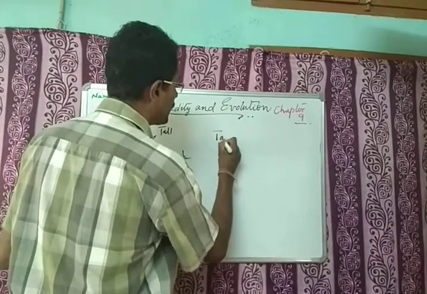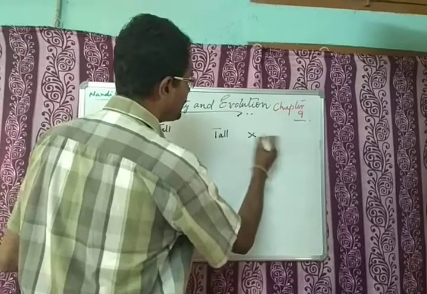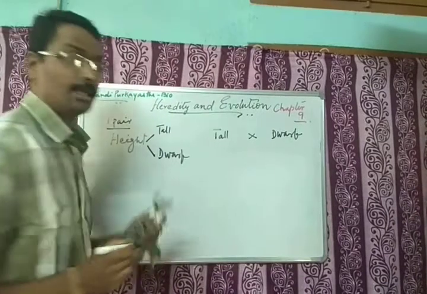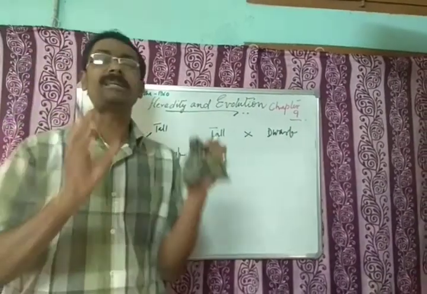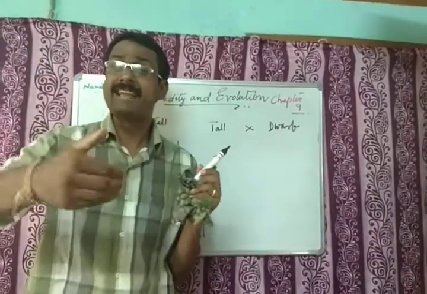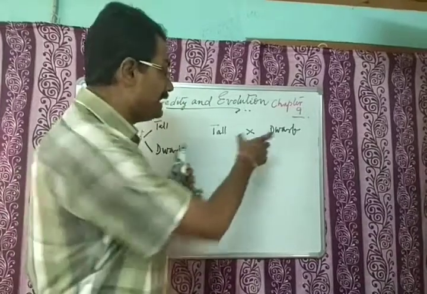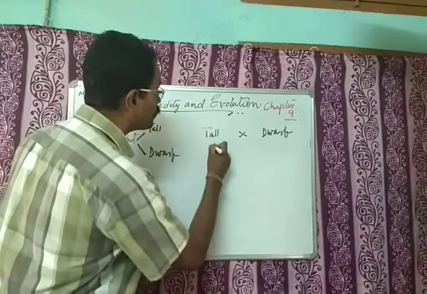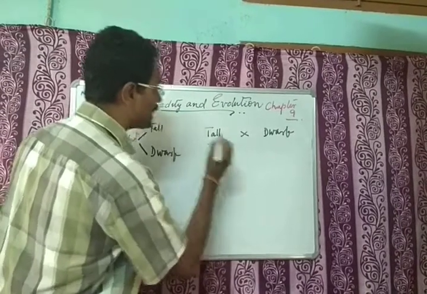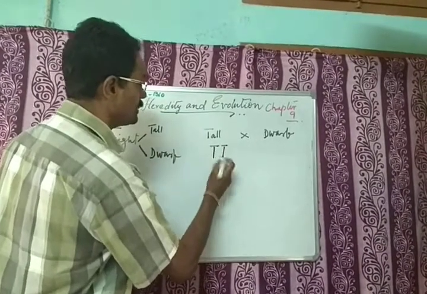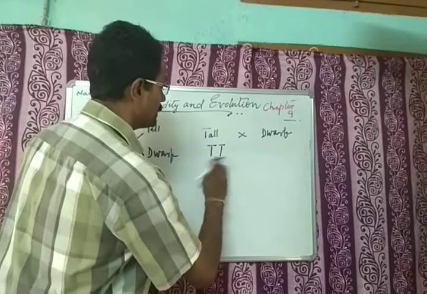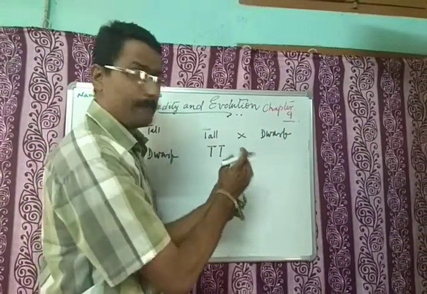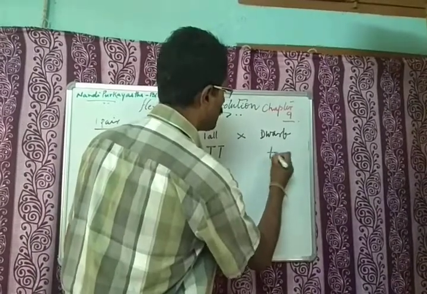Let's go for the cross. Tall crossed with dwarf. For that, Mendel used some alphabets to understand the process of transmission to the next generation. For tall, he used capital T. Understood? Capital T. And for dwarf, he used the same letter but small, small t.